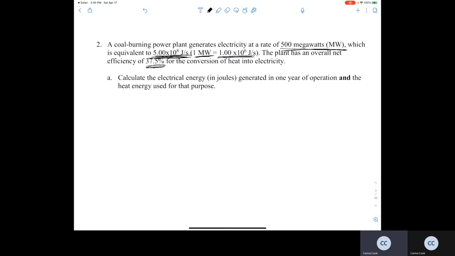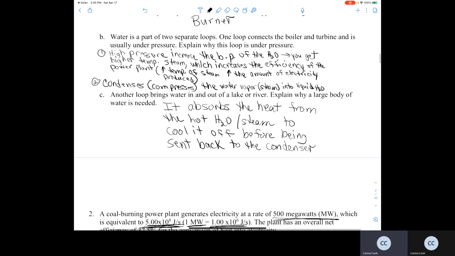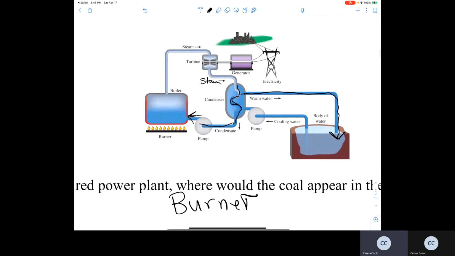So we need to calculate the electrical energy, or the electricity in joules, generated in 1 year of operation and the heat energy used for that purpose. So we need to calculate how much electricity is being generated and how much heat is generated by burning that much coal.